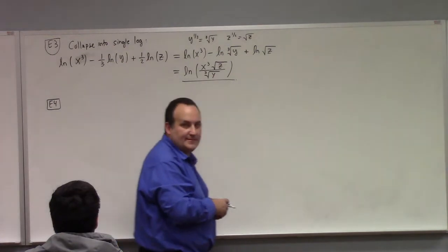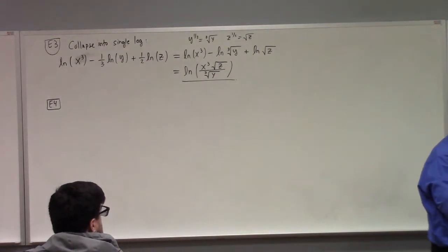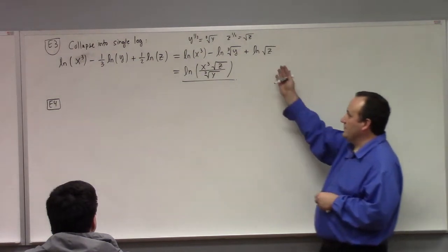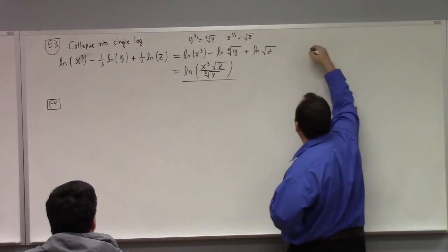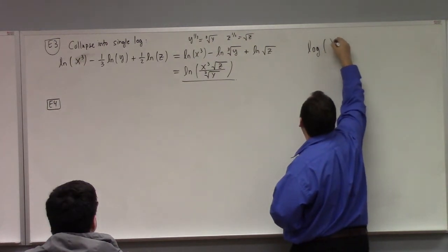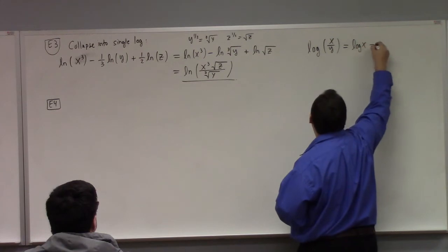That's it. If you'll allow me the upstairs, downstairs terminology. If it's minus, it goes downstairs. If it's plus, it goes upstairs. The log law that I'm referring to is this: log of x over y is equal to log x minus log y.